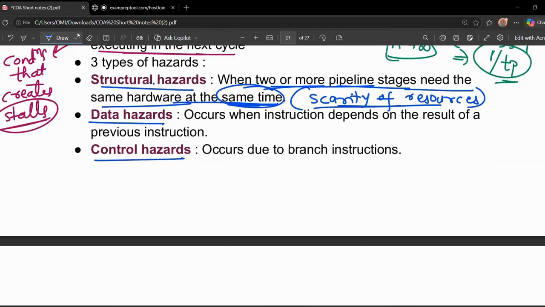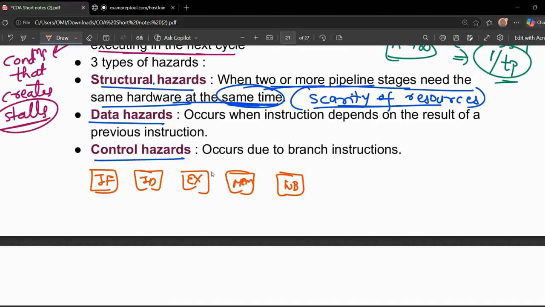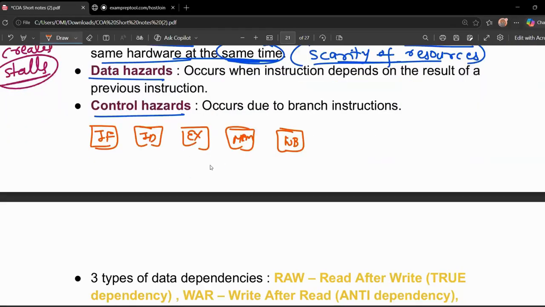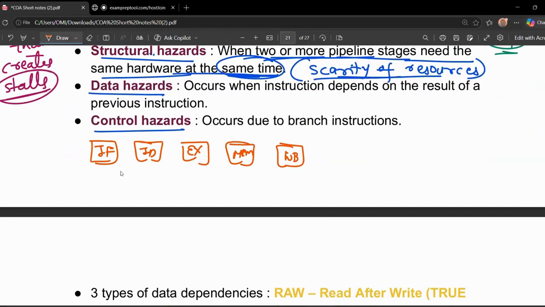Now, if I want to give an explanation I can. Assume that you have instruction fetch, instruction decode, then execute, then memory, then write back. What will happen if you keep on executing?